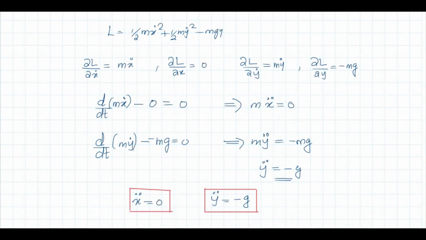The next example that we are going to consider is that of a simple pendulum. Okay, example 4 is simple pendulum. A simple pendulum is nothing but a bob having a mass m, which is tied to a string. The other end of the string is fixed at some point, and the bob is free to move in a plane.